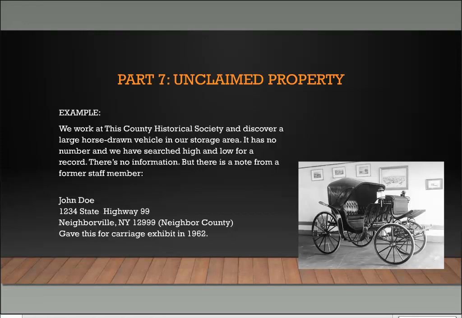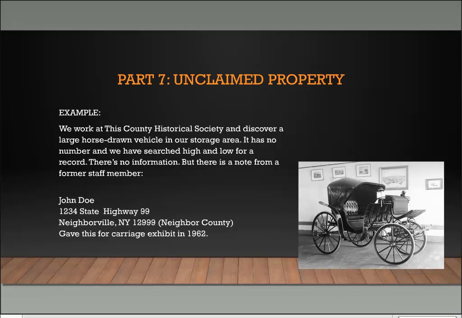So we work at this county historical society, and we've discovered a large horse-drawn vehicle in our storage area. It does not have a number, and we've searched high and low for a record. We can't find anything about this vehicle. But there's a note from a former staff member that indicates that John Doe, with his complete address, gave this carriage for an exhibit in 1962.